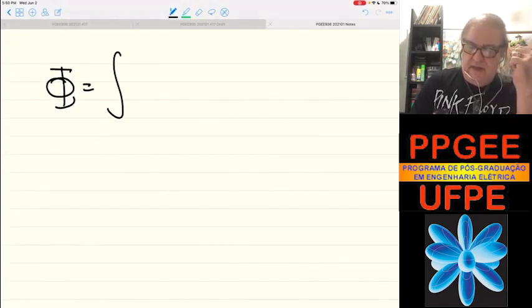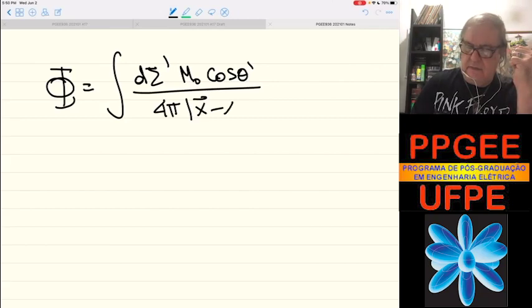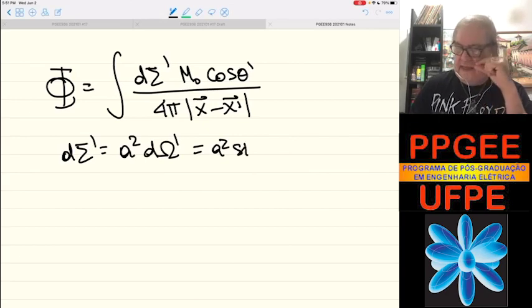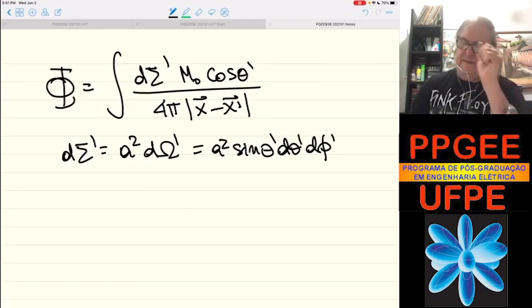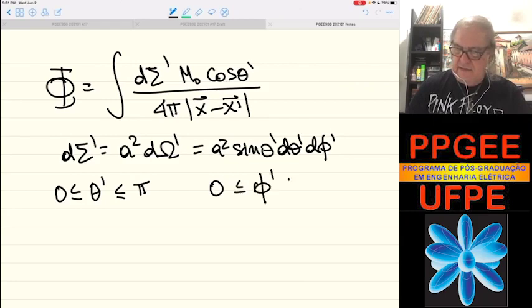So this is going to be the integral of dS prime m0 cosine theta prime over |x minus x prime|. You can use dS prime equals a squared d omega prime equals a squared sine theta prime d theta prime d phi prime, and the integration is 0 smaller than theta prime smaller than pi, and phi from 0 to 2 pi.